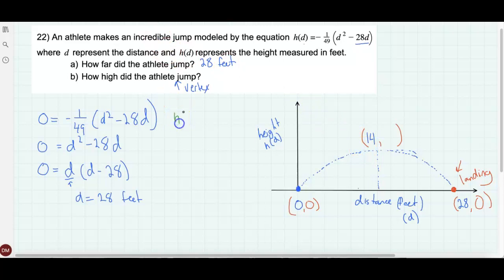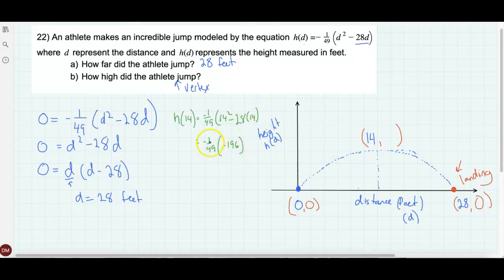Let's substitute. So h of 14 equals negative 1 over 49 times 14 squared minus 28 times 14. Which is equal to negative 1 over 49 times, 14 squared is 196, and then that's going to be double that, so it's negative 196.